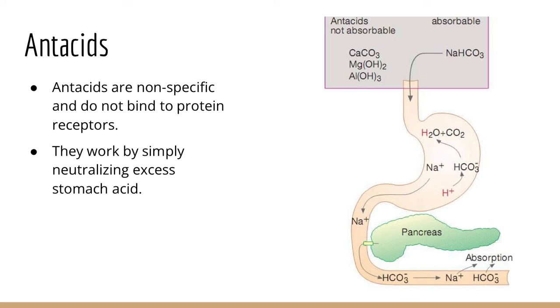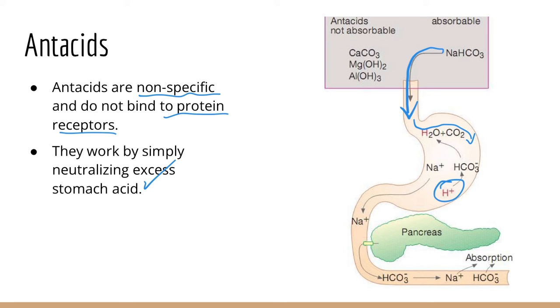So antacids, the way they work, they're pretty non-specific. They don't bind directly to any sort of protein receptors. They work simply by neutralizing excess stomach acid. So you'll take your antacid and it goes into the stomach here, and then works to pick up any of those protons from the strong acid to help neutralize it.